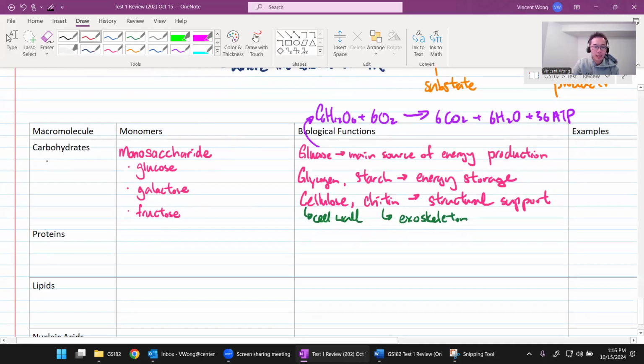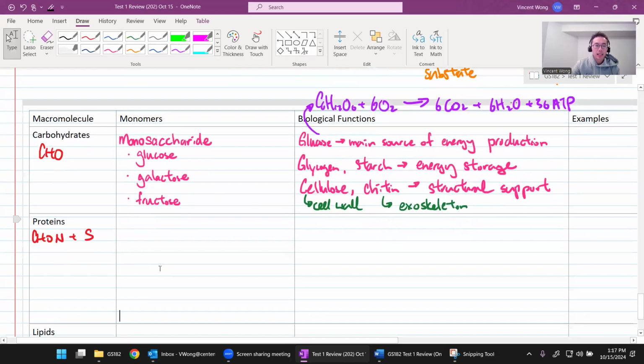Okay, once again, it is CHO. Protein is CHON plus a little bit of S. And the monomer of the protein is... actually, anybody remember what the monomer of proteins are?